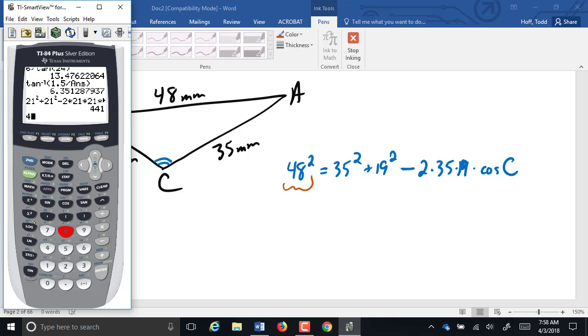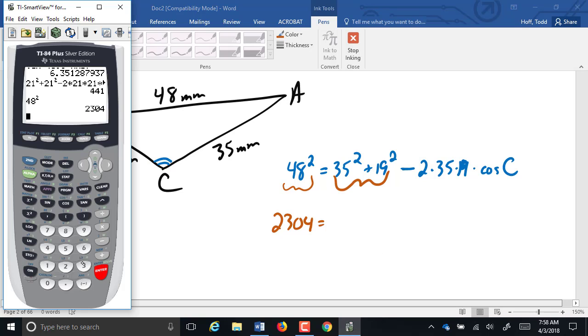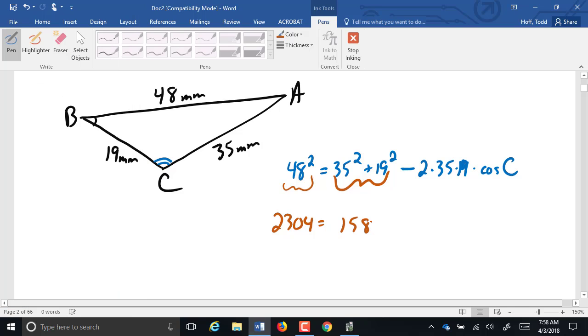We can do the 48 squared, 2304. We can combine 35 squared and 19 squared. It is 1586. And then we combine 2 times 35 times 19, which is 1330 times the cosine C.